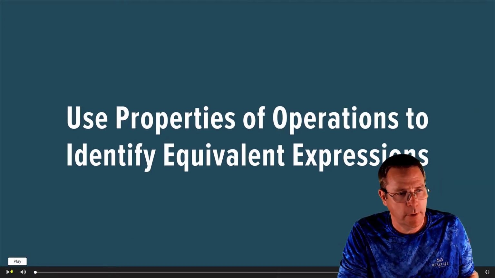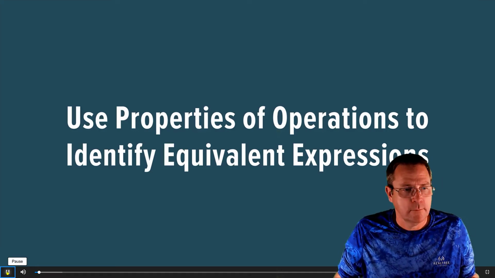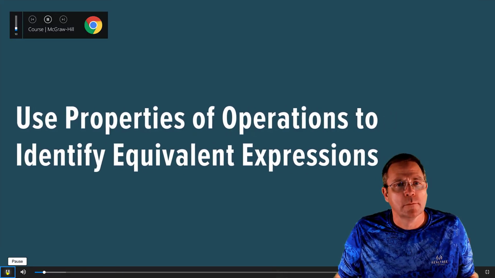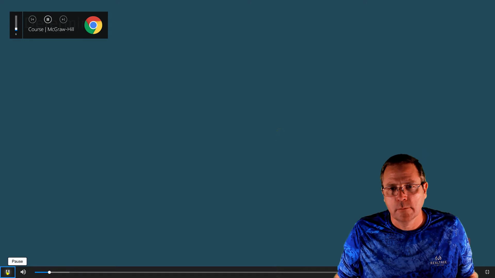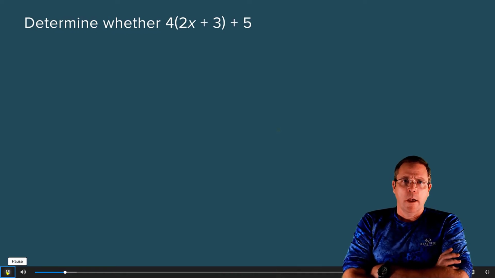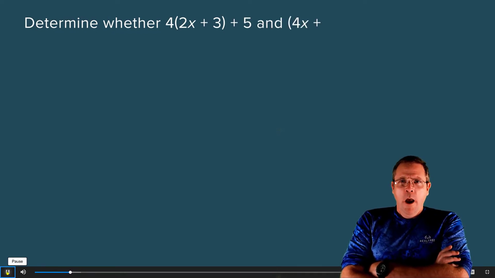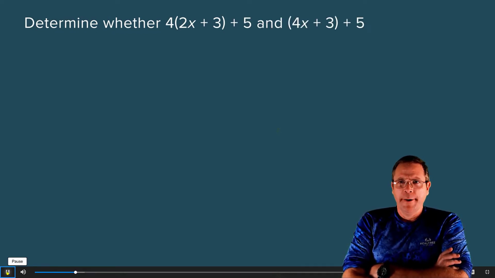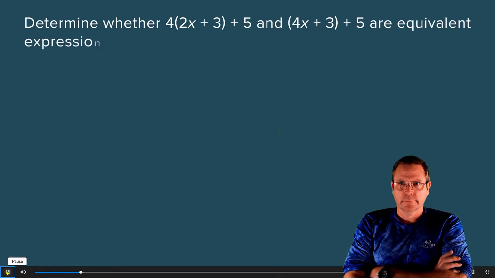Maybe if I can get it to play. You can determine whether the expressions 4 times the quantity 2x plus 3 plus 5 and the quantity 4x plus 3 plus 5 are equivalent by using properties of operations.